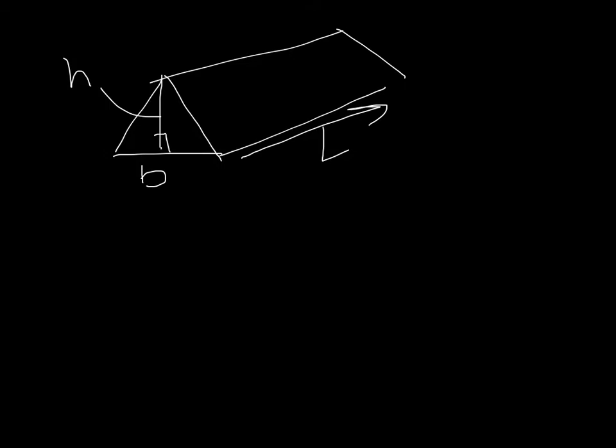Now, the other thing you need to remember is that volume is looked at in liters. Because volume is in liters, we need to know that 1,000 centimeters cubed is equivalent to 1 liter. This is the conversion that you're going to use.